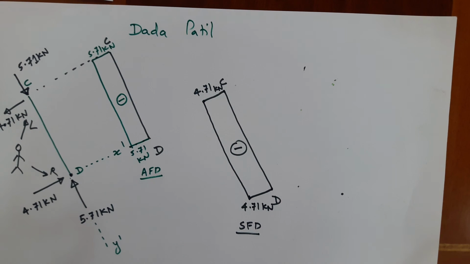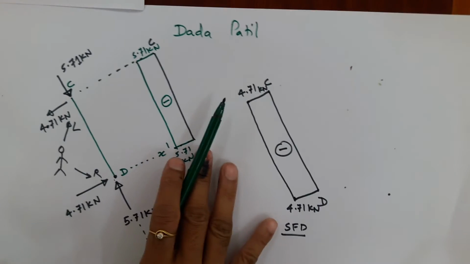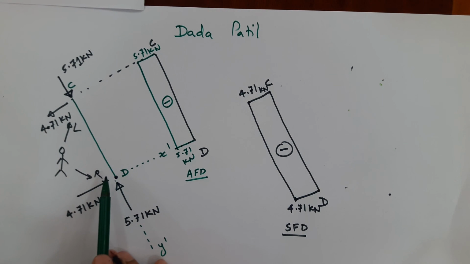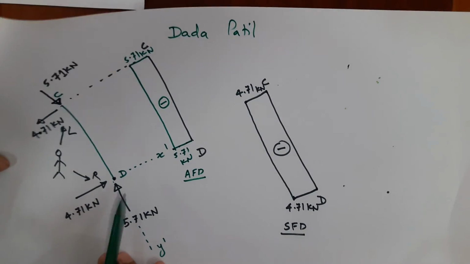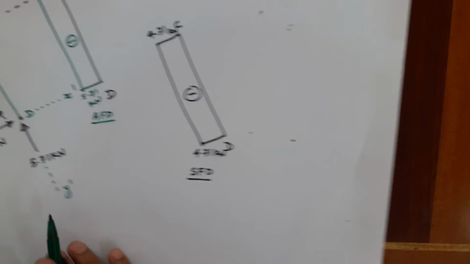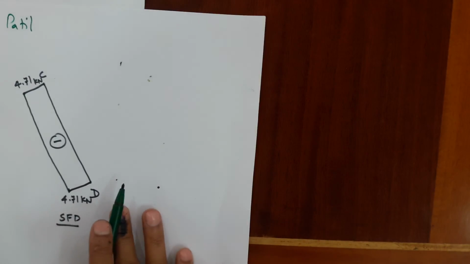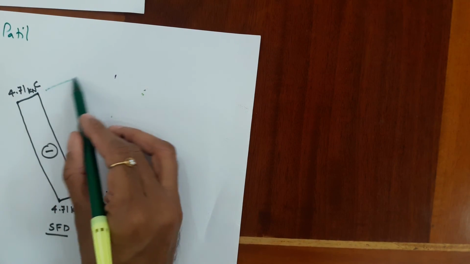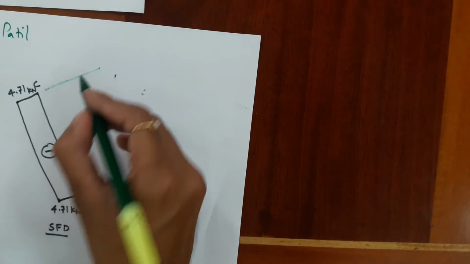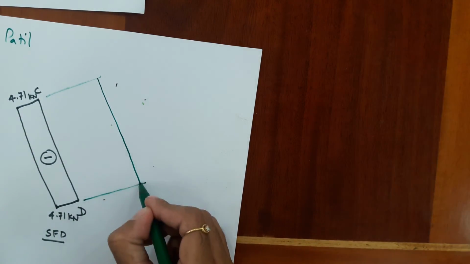Now you don't have to take any extra effort to calculate bending moments, because it is obvious that from the previous step you already know the bending moment at C, and the bending moment at D, the roller end, is always 0 from our knowledge of strength of materials. So without wasting your time in calculation, directly you can draw the diagram for bending moment.